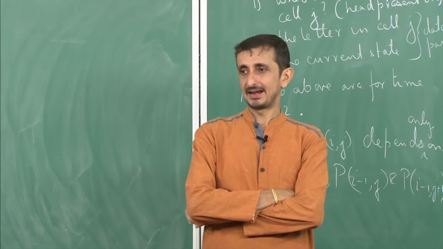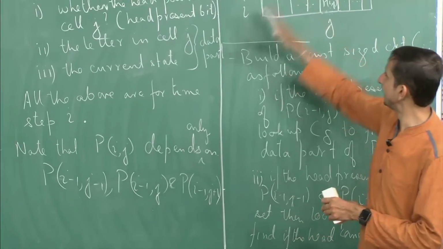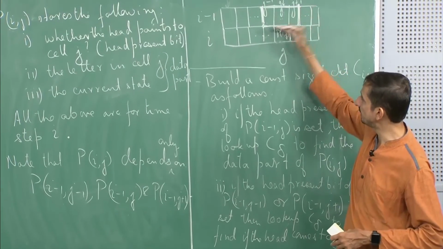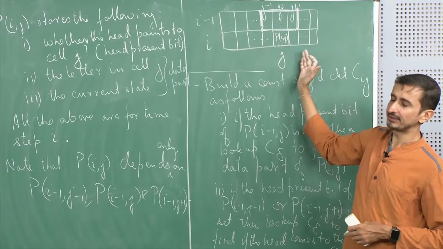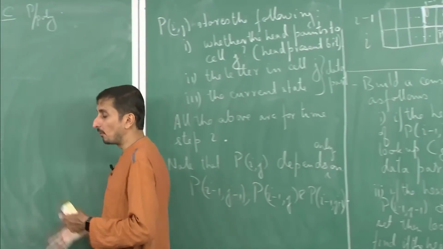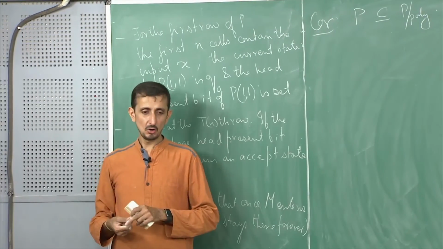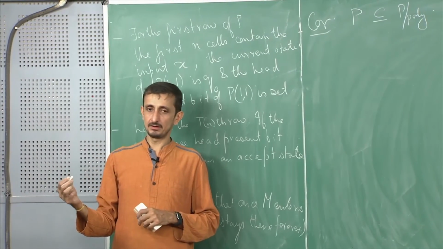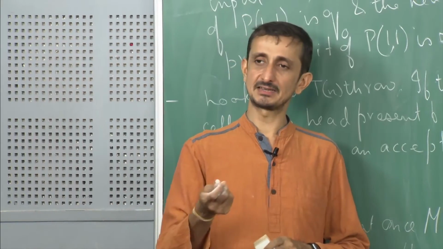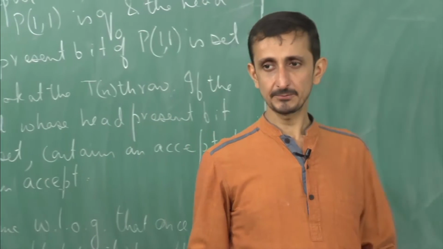Okay. And that kind of uses the fact that you do not have to store this entire thing, because from one cell you only go to these 3 neighboring cells. So, you can make the Turing machine into an oblivious Turing machine. An oblivious Turing machine is a Turing machine whose head position does not depend on the input. Okay. So, for every input of a fixed length, the head position is the same at any time step j.